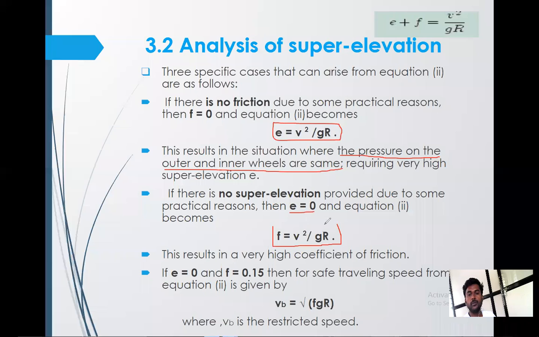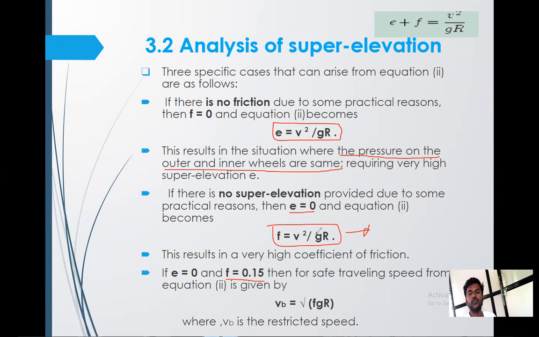Our formula, e + f = V²/gR, becomes f = V²/gR. Here we take the maximum value of f as 0.15.